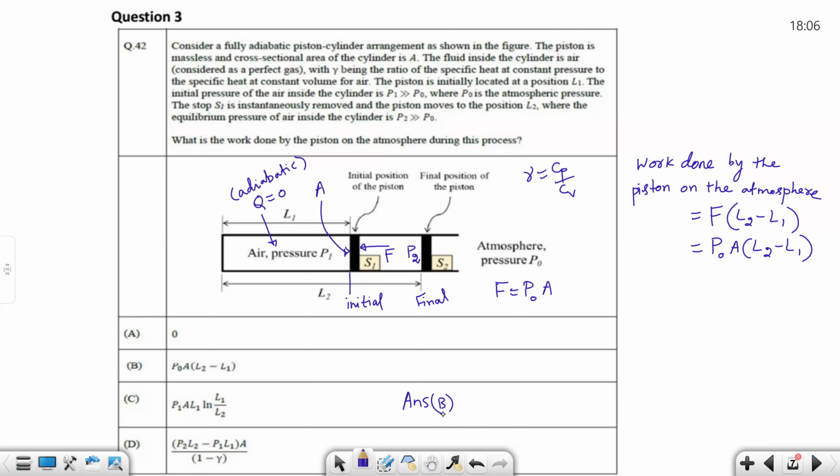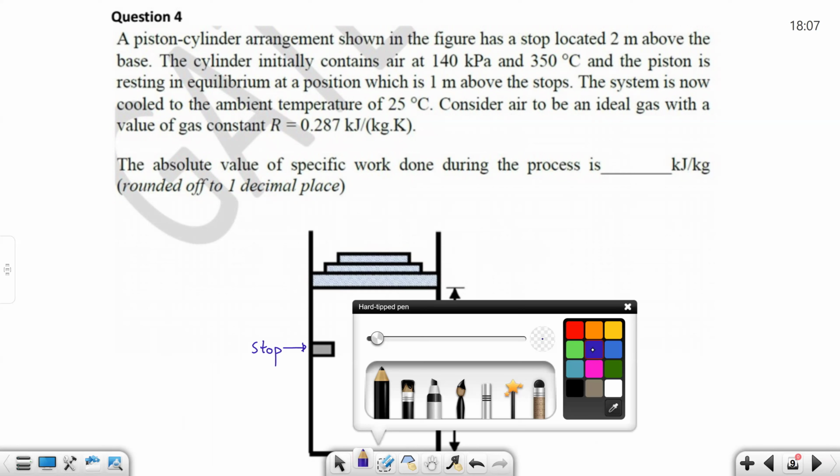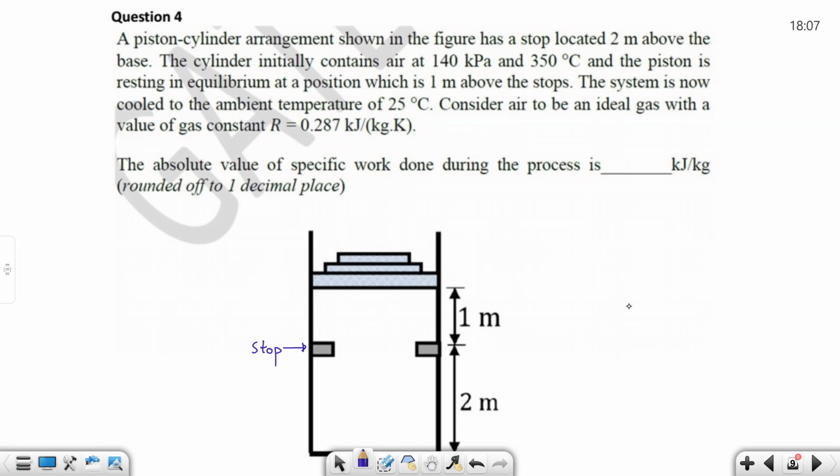Now we move to question number 4. The piston cylinder arrangement shown in the figure has a stop at a location. So there is a stop here. The cylinder is initially at 140 kPa, maybe this is the initial position, so we will take it as 1.